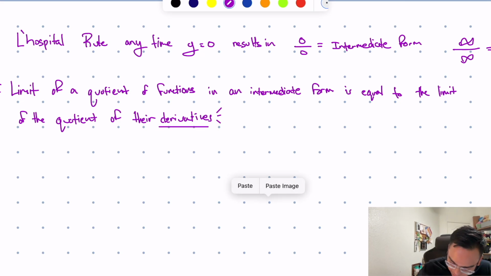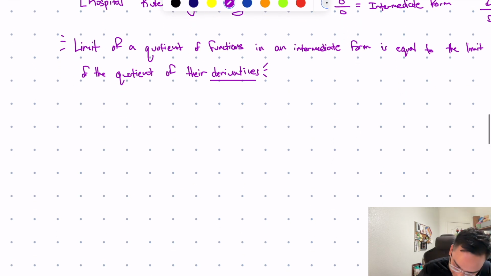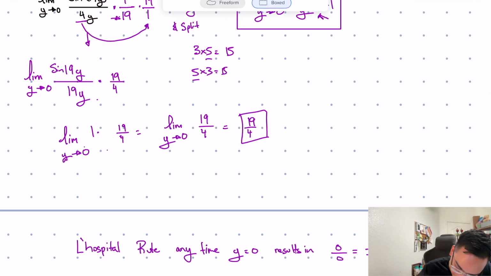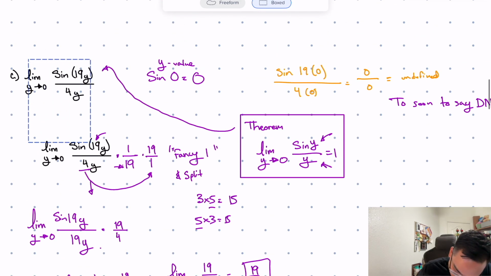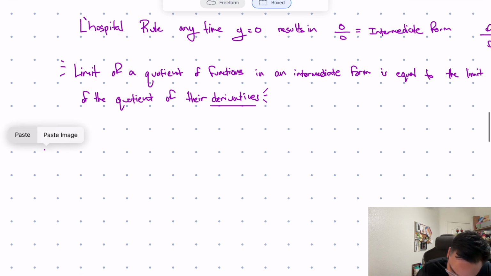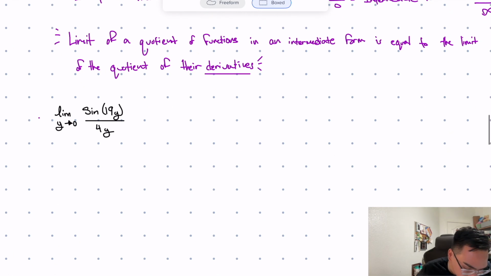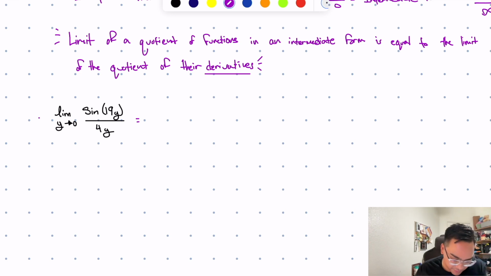Now, that's a fancy word which we will learn in probably the chapters coming up. What it means is you write down the equation. So if you bring down this equation, what we can do is we can find the derivatives. We keep everything the same, so y approaches 0.